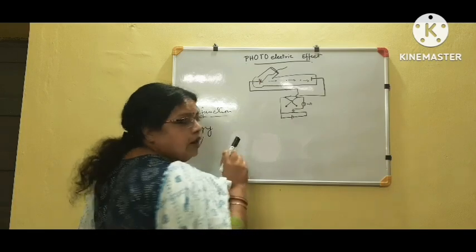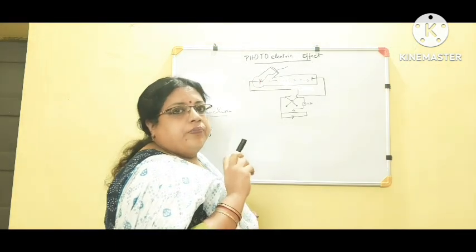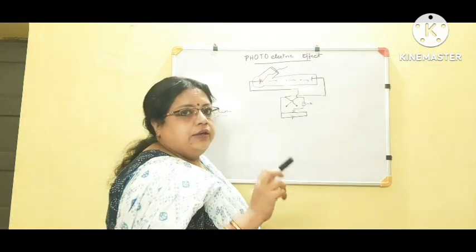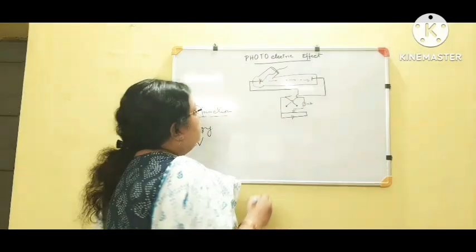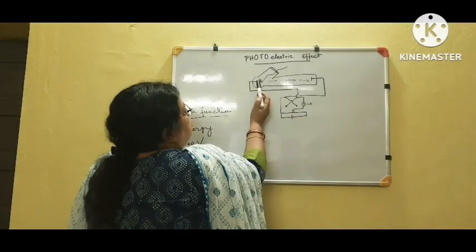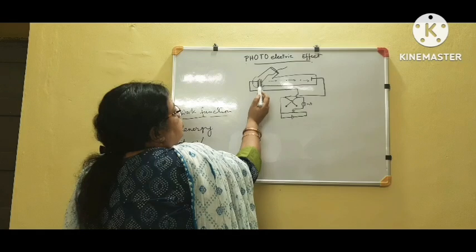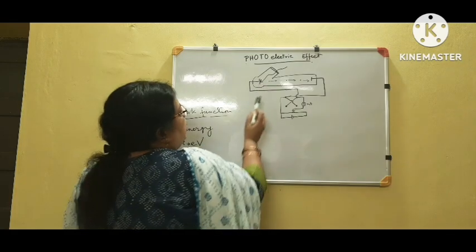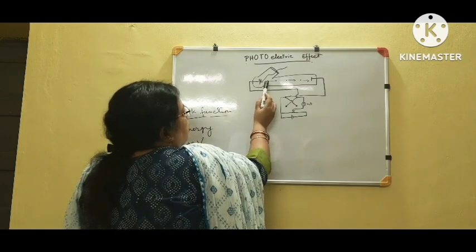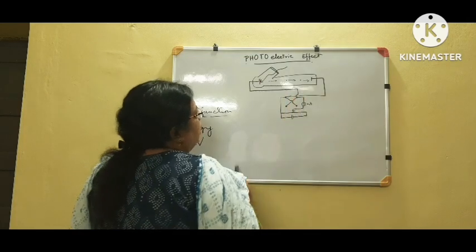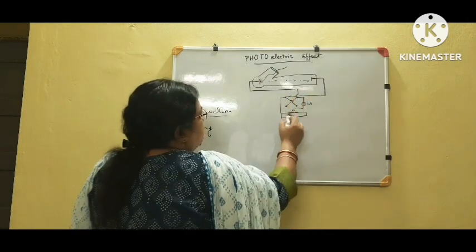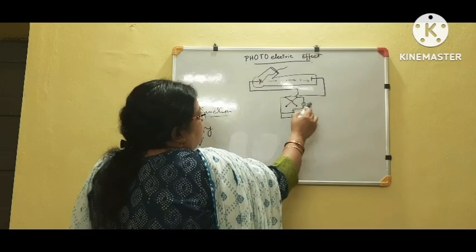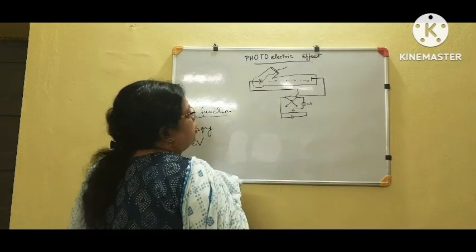For a particular metal, a particular frequency of light is required. When light is incident on the photosensitive metal, the electrons come out and move towards the other plate, and in this circuit the photoelectric current is measured.